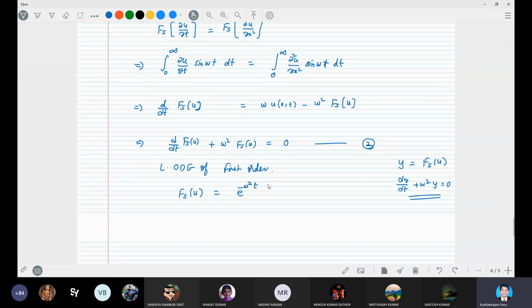See what the solution is. Plus c is there. Separate the variables. C into e to the power... Where is C?